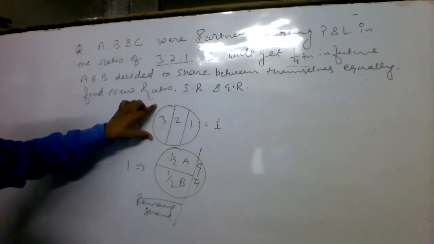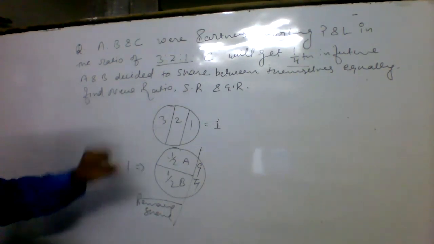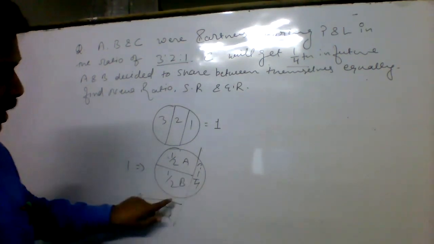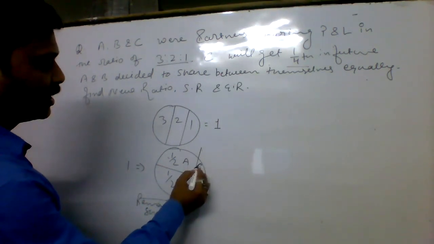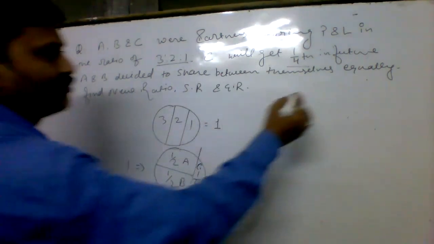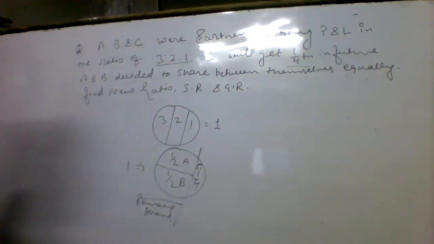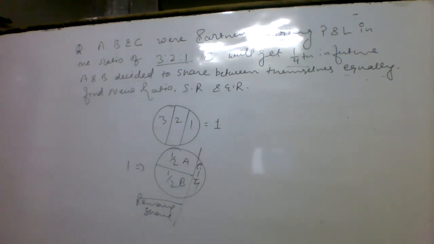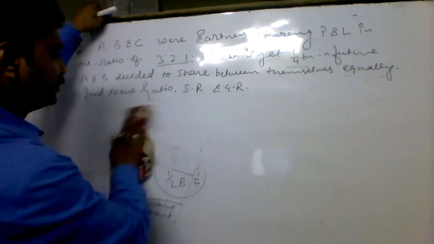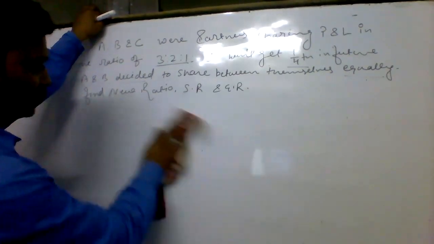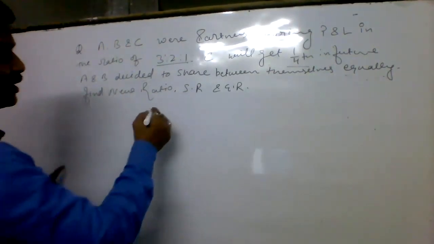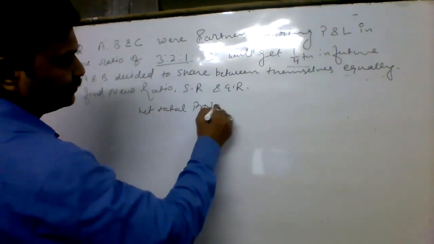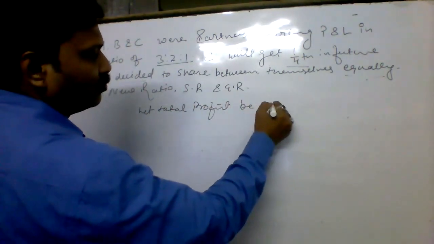So this is the concept. Earlier they were sharing the whole profit in 3:2:1. Now, from the whole profit, first 1/4 will be taken by C, and the remaining portion will be taken by A and B in equal proportion as given in the question. So let me solve this question as per the concept I have taught you. First, let the total profit be 1.